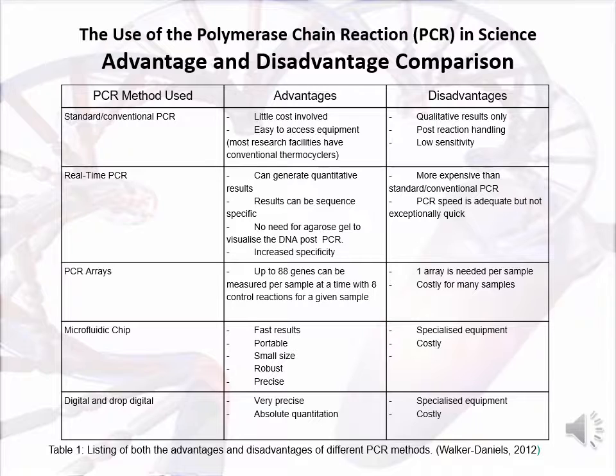Advantages: fast results, it's portable, small size, robust, and precise. Disadvantages: specialised equipment is required, and that is quite costly. Digital and droplet digital. Advantages: it is very precise with absolute quantitation, but some disadvantages: again, it is specialised equipment which is quite costly.